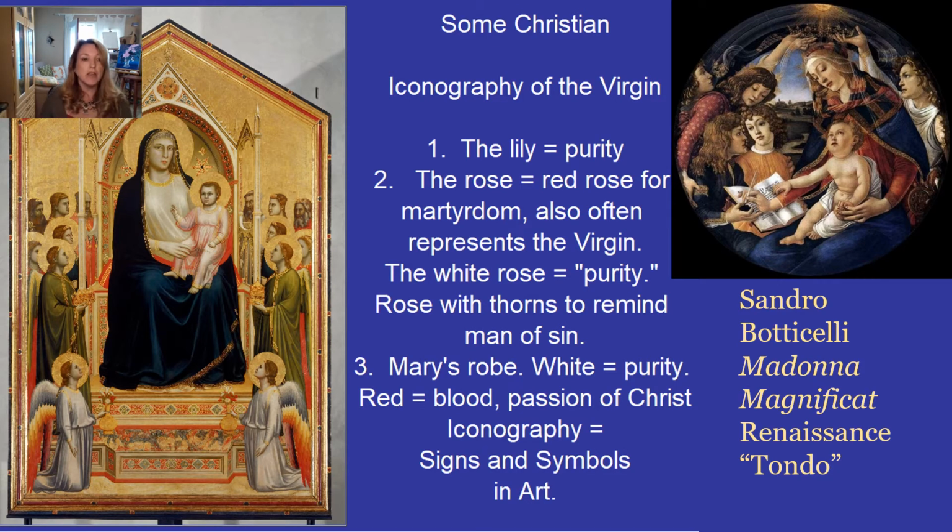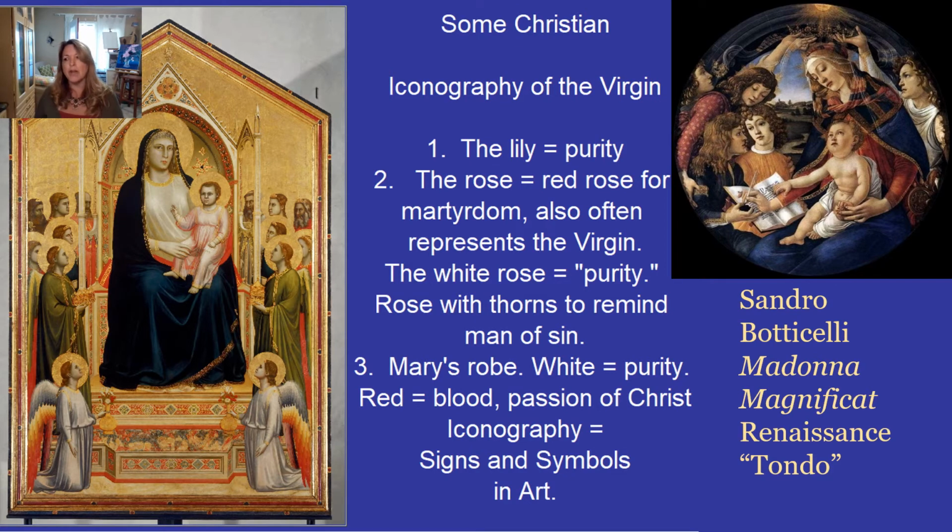And here we have a medieval Cimabue work contrasted with Botticelli's more Renaissance tondo. You have this round tondo. And you can see how the baby looks much more realistic. In medieval times, the baby looks much more like a little old man.